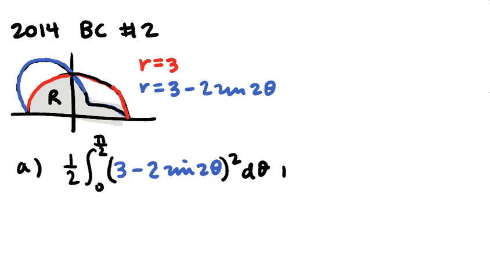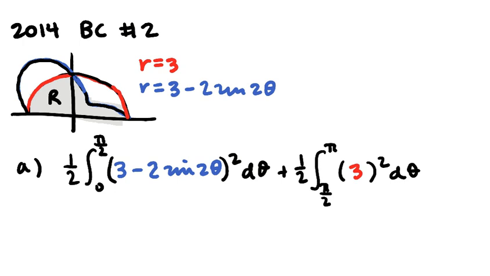Then I'm going to add 1/2 r squared d theta from pi over 2 to pi, and in this case, this r is 3. Honestly, this is the type of thing that you're going to put into a calculator anyway, and I trust y'all on that, so in the interest of time, I'm going to just move on to part B.